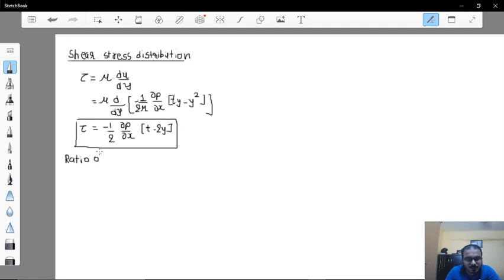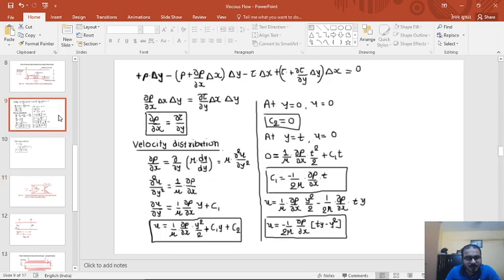a ratio of max velocity to average velocity. Now we already have the value of u.